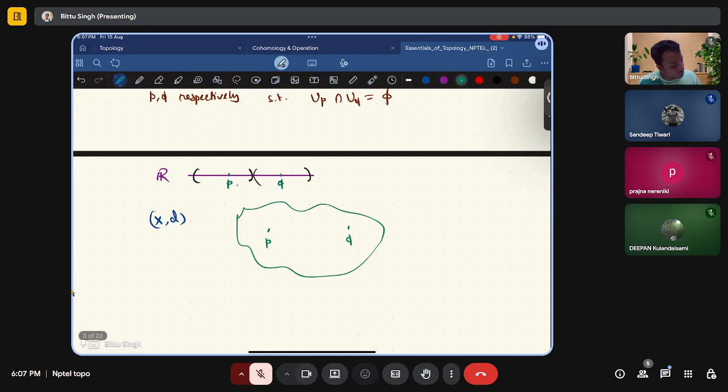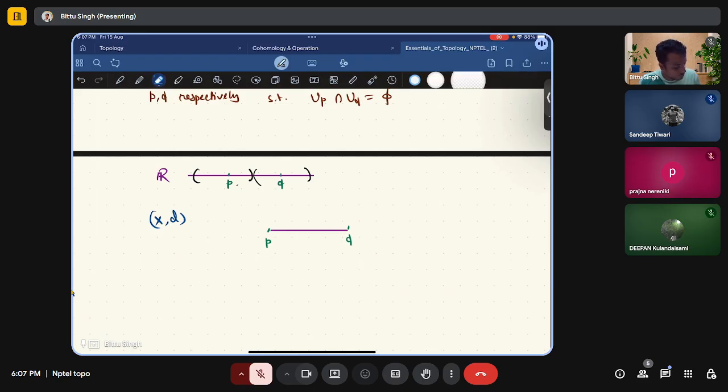The way to separate is to take the distance between P and Q and take the open ball. Let r equal the distance between P and Q, and we can always consider open balls around P and around Q with radius r by 2.